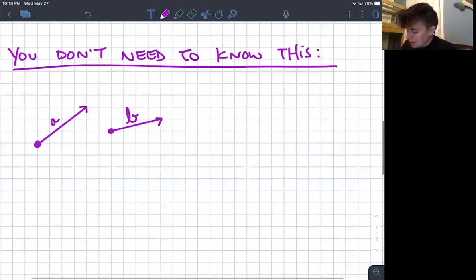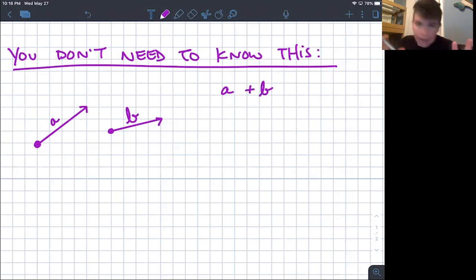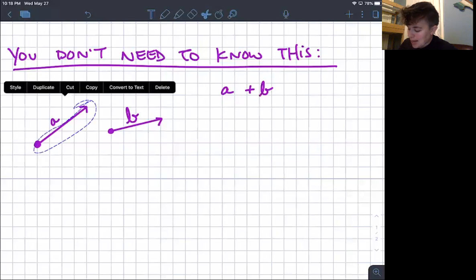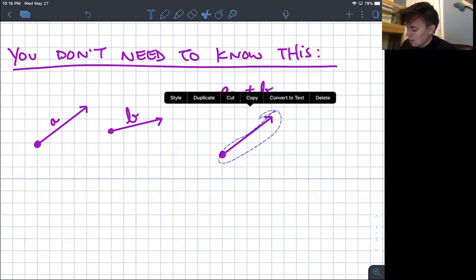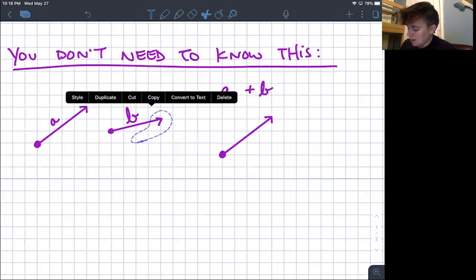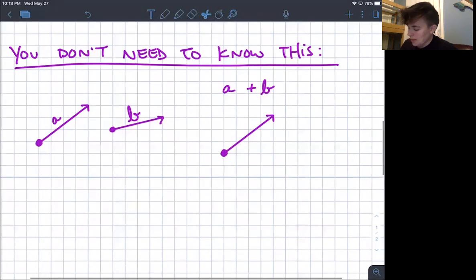So if I asked you to do A plus B, what you would do geometrically on a graph, which you don't have to do for this unit, is take A, copy and paste it, then take B, copy and paste it, and put it tip to tail.